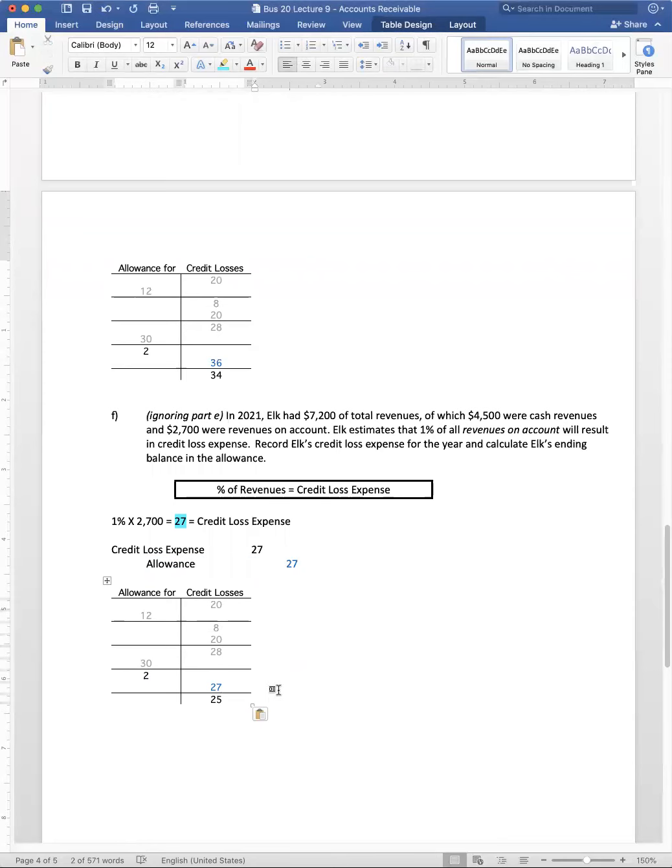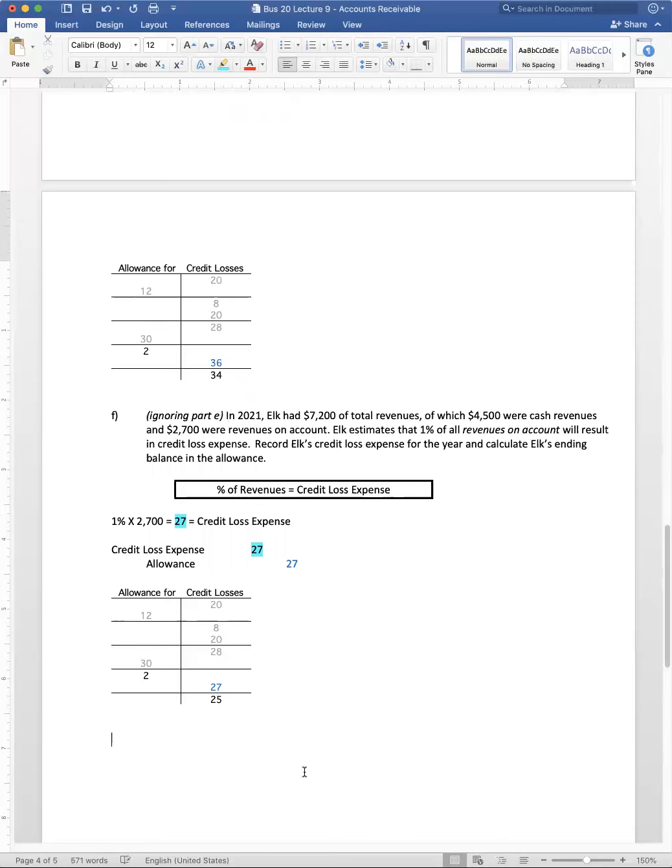So we see that here. That means that we're going to have a total in the allowance of $25.